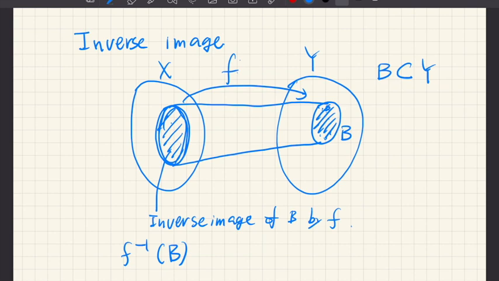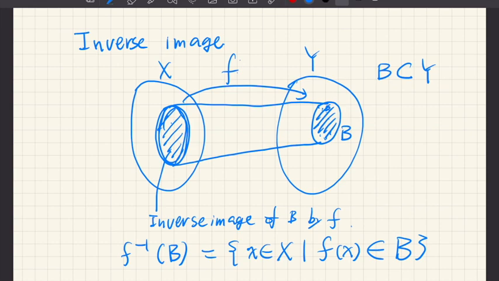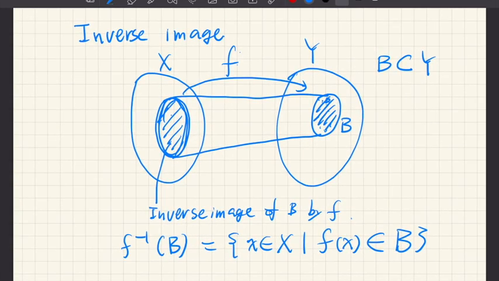So this is a subset of X such that each element of this subset belongs to this subset of Y, B. Okay. So if you pick any element here inside this, it will be mapped into inside B. So that's what this inverse image is.